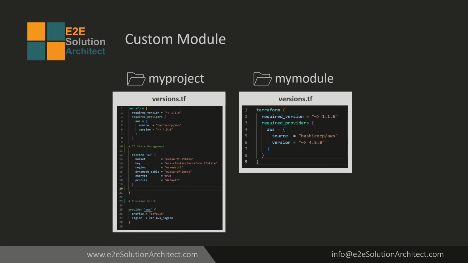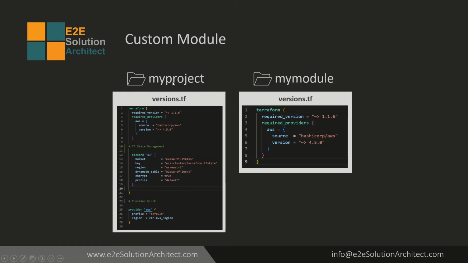Now when we are writing a custom module, the versions file is different for the project and the module. For the project, you keep the versions file with Terraform required providers, and you add the state management. In this case, I will be using S3 for Terraform state management. And the next one is you mention the provider as well, because it is your project file.